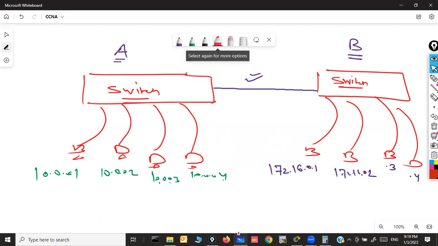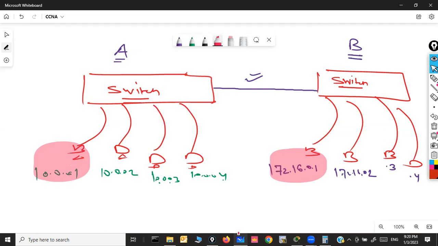Host device 10.0.0.1 can communicate with 10.0.0.2, 3, 4, definitely. But 10.0.0.1 will never communicate with 172.16.0.1. It's not because of physical connectivity, because physically they are all connected, both switches are connected. But since the IP addresses are from different network classes, different networks and subnets, they will not communicate.